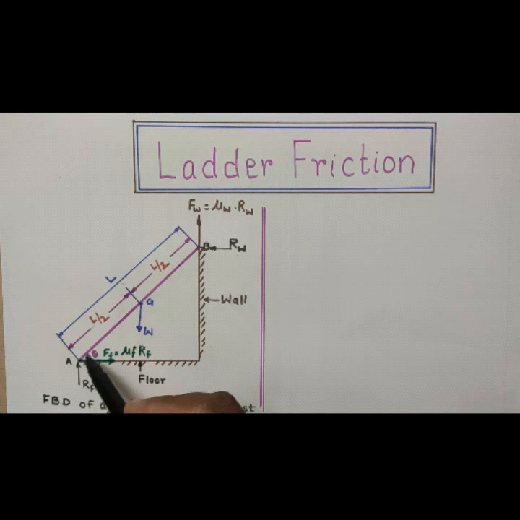When the lower end of the ladder tends to slip away from the wall, the direction of the force of friction between the ladder and the floor, that is Ff, will be towards the wall.